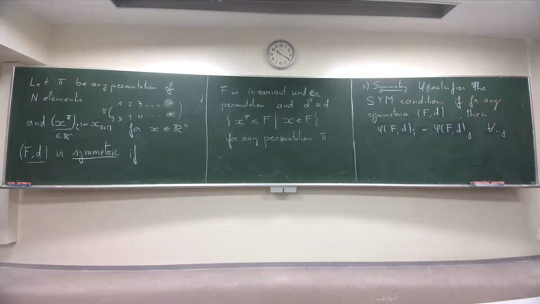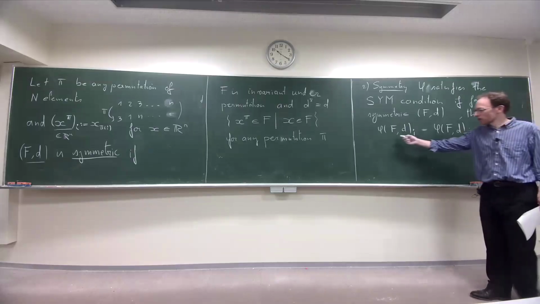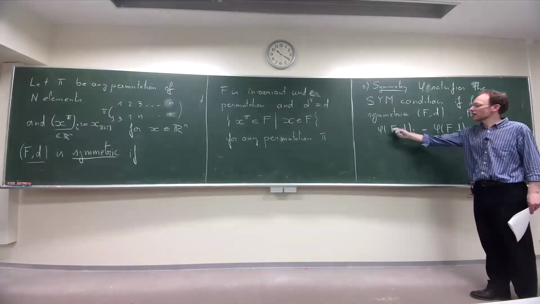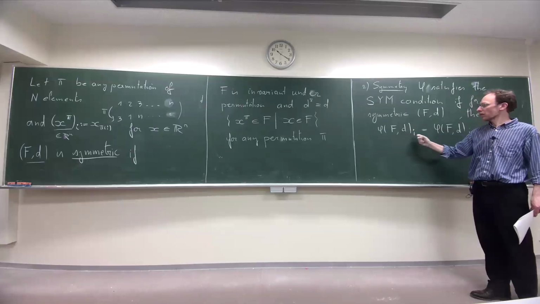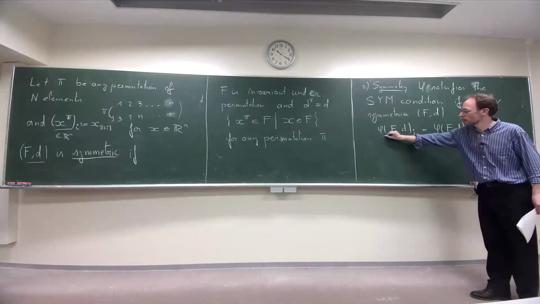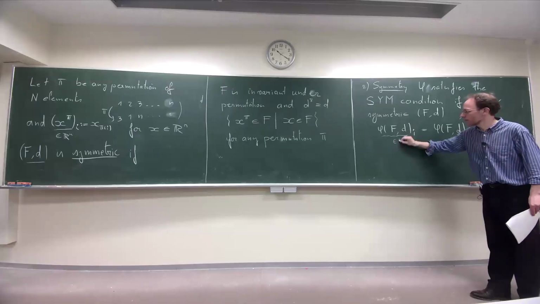What does it mean? You start with a game which has symmetry under permutation, and you impose that phi should respect that. The image of F, D, a symmetric bargaining problem, is a point in Rn.